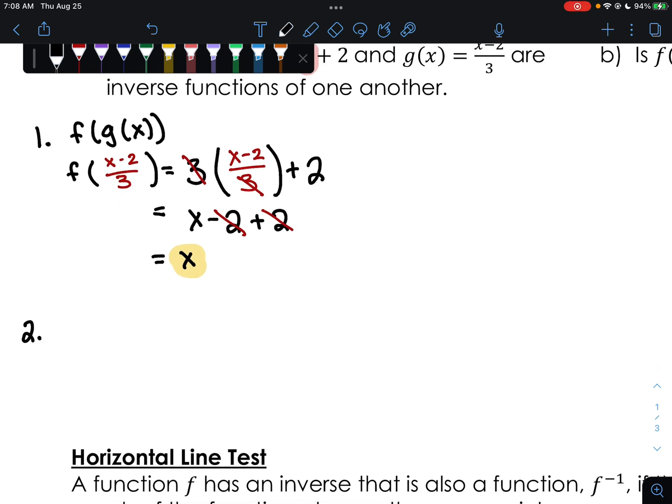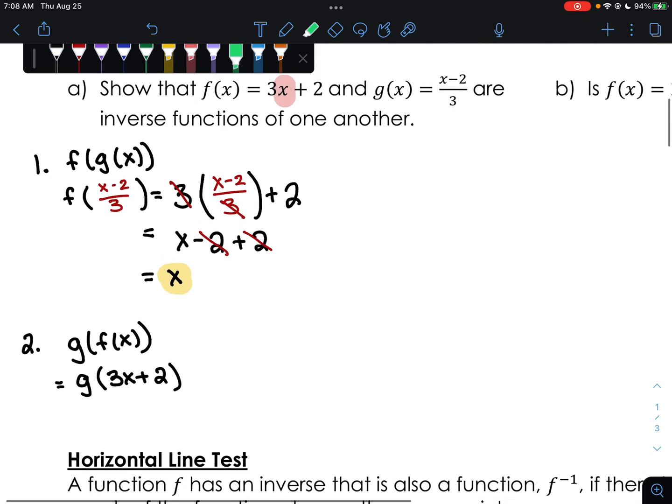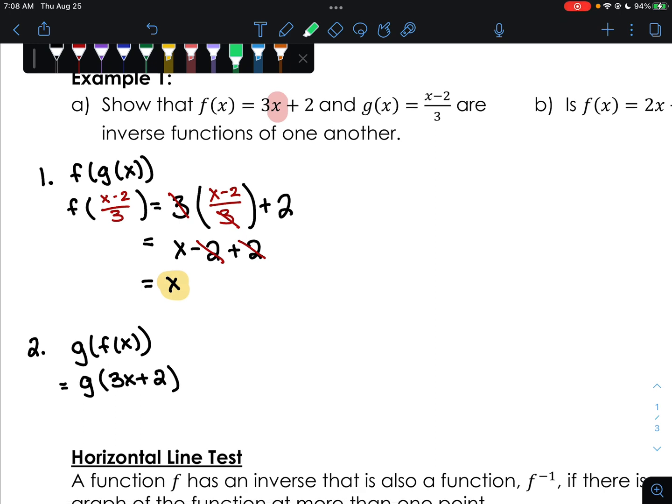Step number 2 means we do the same thing, but we switch the order. G goes first, and f of x goes on the inside. So what that looks like is g of 3x plus 2. Anywhere there's an x in g, we're going to replace it with 3x plus 2. So this x right here gets replaced.